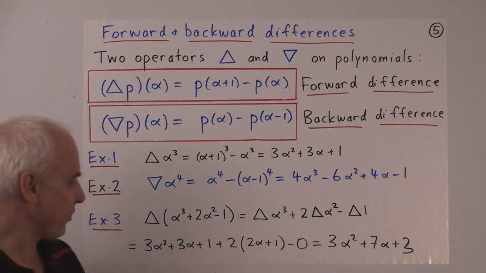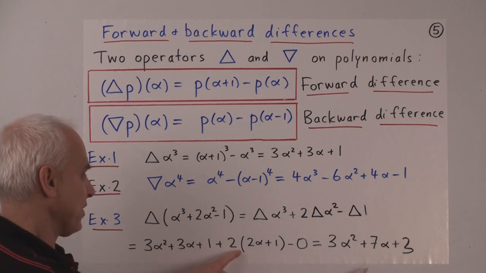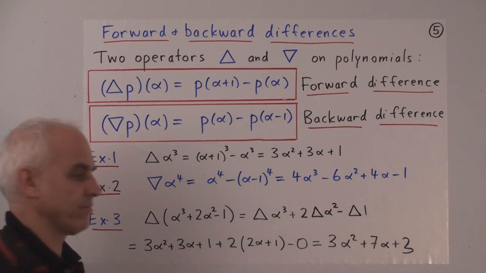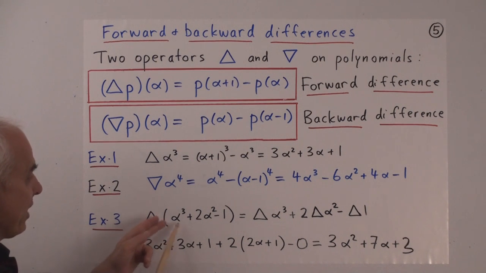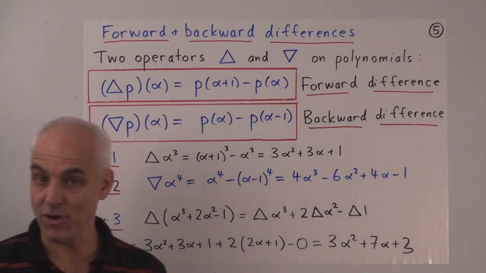So we add these all up and we get 3 alpha squared, 3 alpha plus 4 alpha is 7 alpha, 1 plus 2 is 3. So there's the forward difference operator applied to this degree 3 polynomial, outputs this degree 2 polynomial.